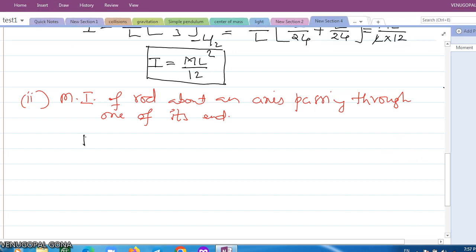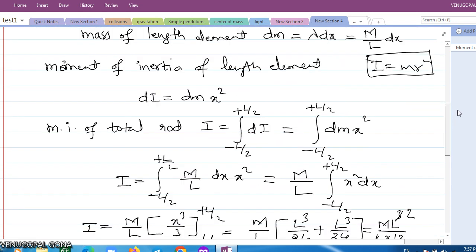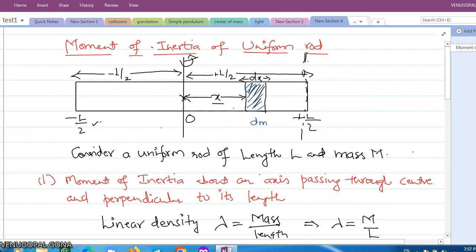So what is the parallel axis theorem here? The formula is I equal to ICM plus m R square, where ICM is the moment of inertia about the center of mass, which we got already, that is m L square by 12. And R is the distance of that axis from the center of mass, which is L by 2 here.